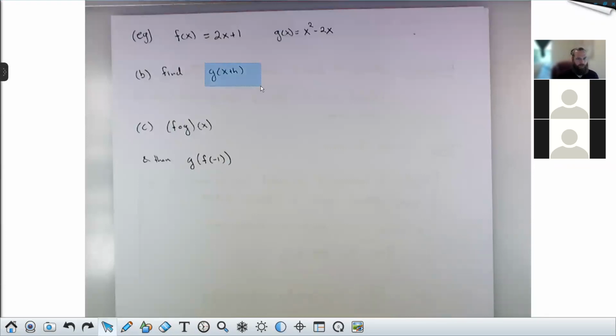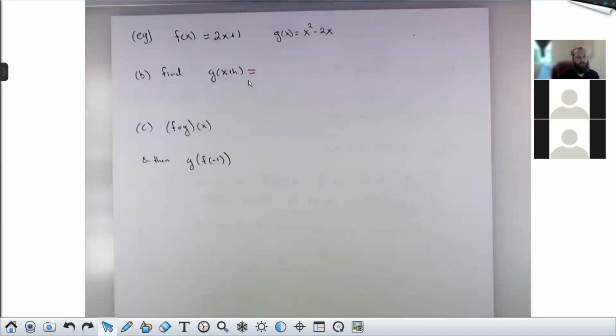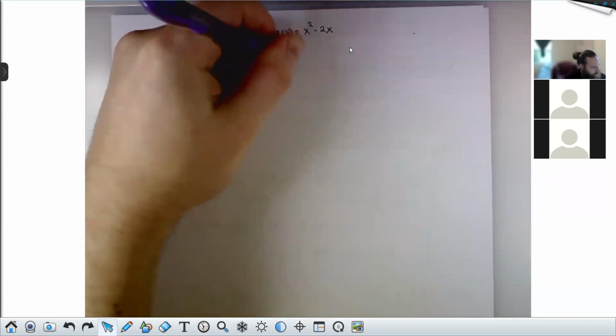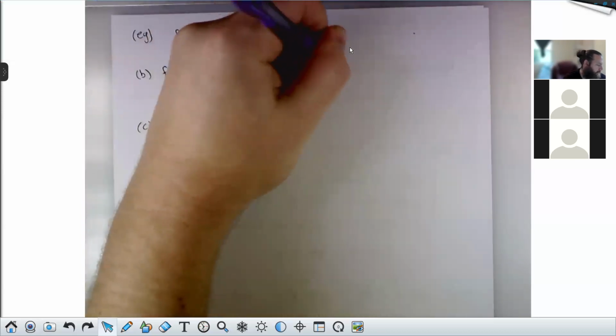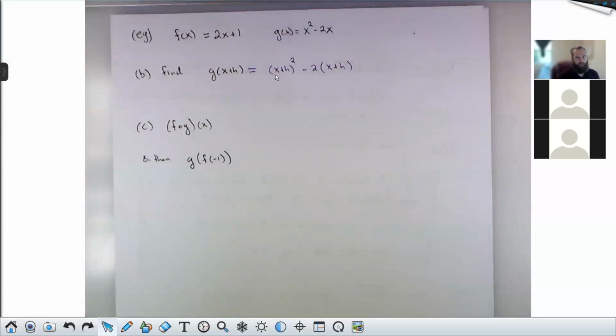So g of x plus h, this is the same sort of thing as finding f of your mom or f of dog. We're going to look at the expression for g of x, and everywhere there's an x, we're going to write parentheses x plus h instead. So that will give us x plus h all squared minus 2 times parentheses x plus h. All right, like this.